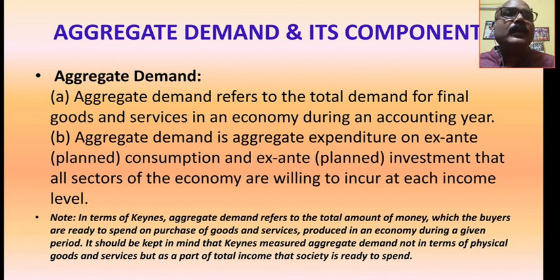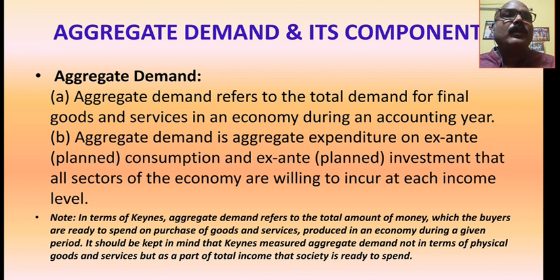So aggregate demand, in other words, we can explain it in an alternative way. Aggregate demand is the aggregate expenditure, and according to Keynes, this aggregate expenditure or aggregate demand is the sum of two components, because Keynes has taken a two sector economy, two sector model, that is household sector and the firm sector.